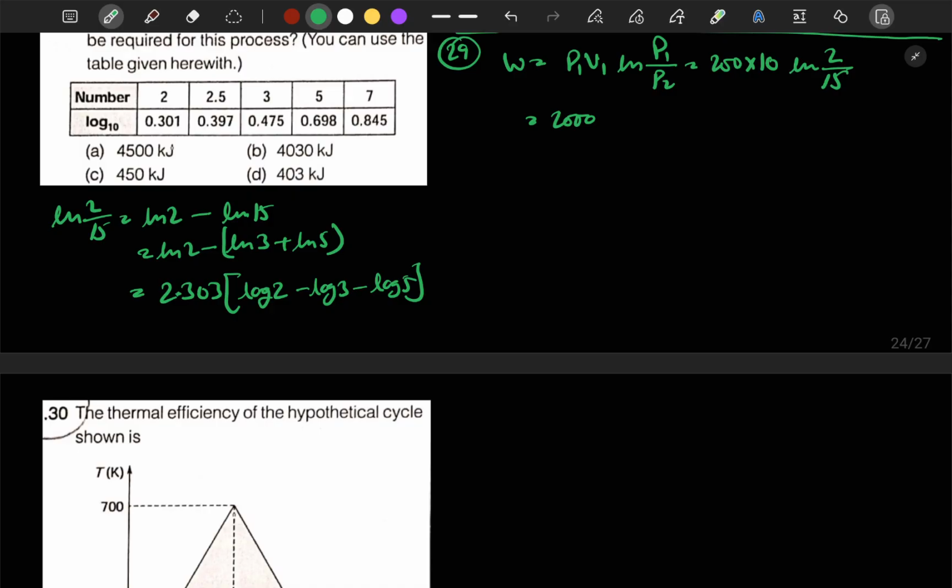We get this value as minus 2.008, and we can directly use it here. Minus 2.008 into 2000, we get the value as minus 4016 kilojoule.